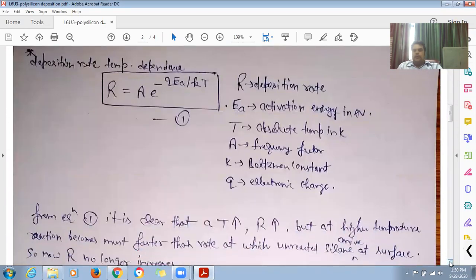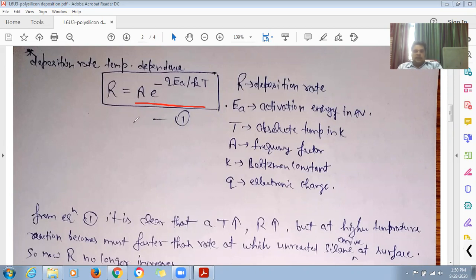Now, how can we define the mathematical formulation for that? R is the deposition rate of polysilicon, defined as A times e raised to the power minus QEA upon kT, where A is the frequency factor, Q is the electric charge, EA is the activation energy in electron volts, k is the Boltzmann constant, and T is the temperature in Kelvin.